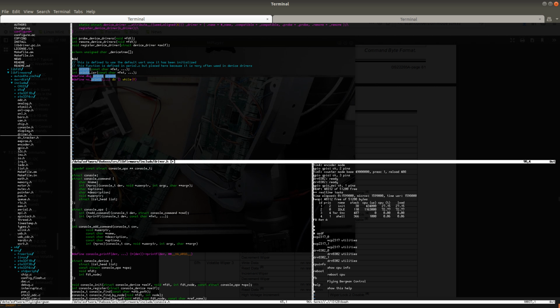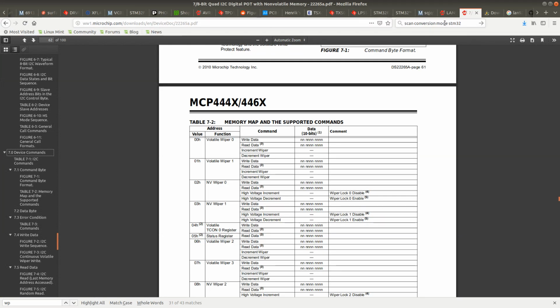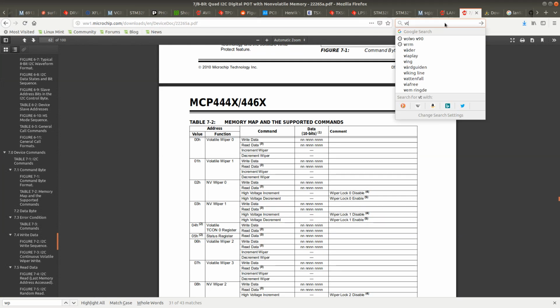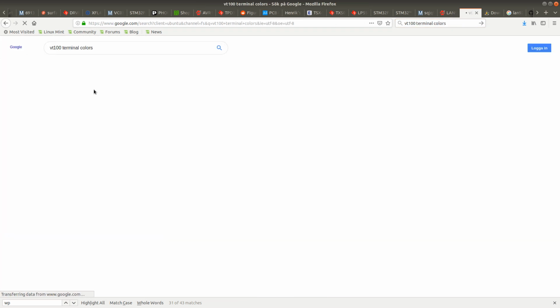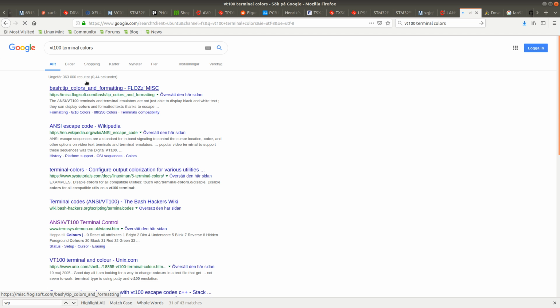So I'm just going to add a few defines here. Info would be white color. And I'm just going to have a look at what the code looks like. So VT100 terminal colors. Let's see. Oh, there's colors.